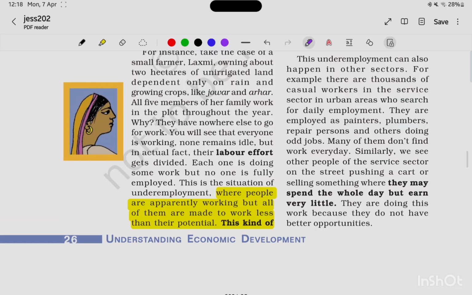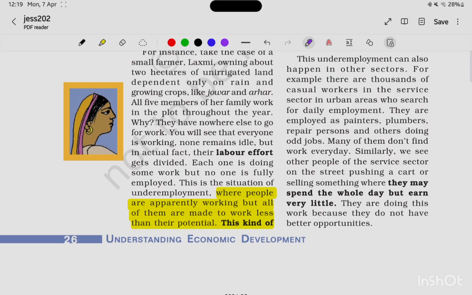This underemployment can also happen in other sectors. For example, there are thousands of casual workers in the service sector in urban areas who search for daily employment. Okay, they are employed as painters, plumbers, repair persons, and others doing odd jobs. Many of them don't find work every day.